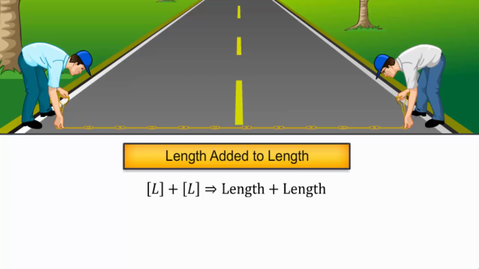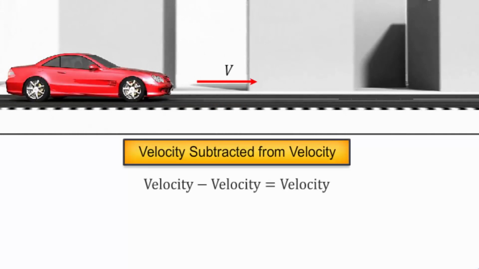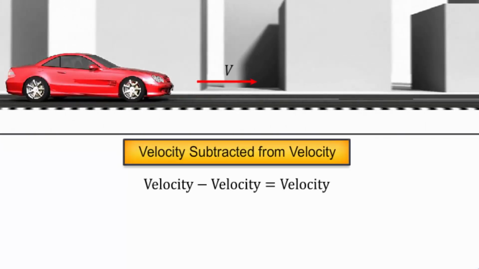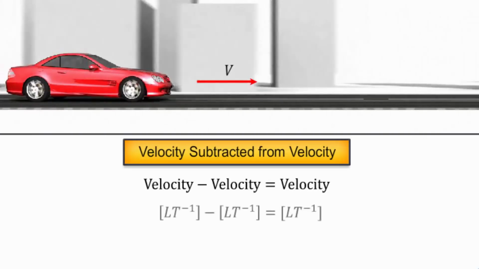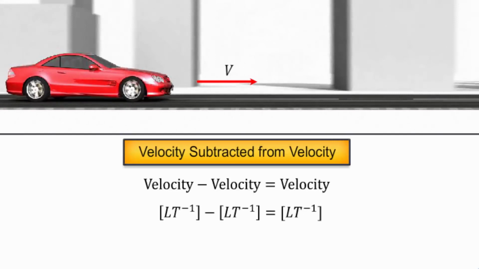Again, it is not 2 times L as we are not adding the magnitudes of the length. Similarly, if velocity is subtracted from velocity, we get velocity. Thus, L T power minus 1 minus L T power minus 1 equals L T power minus 1.